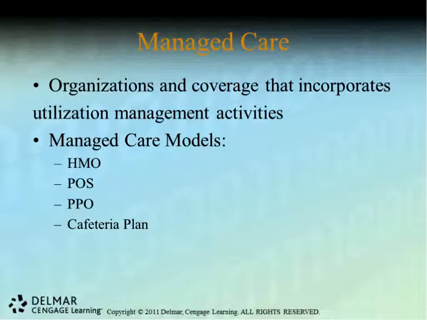You have network models, where two or more physicians or multi-specialty group practices provide contracted healthcare services to subscribers. So they're not necessarily owned by the HMO, but they have a contract with them to see their patients. Then you have a direct contract model, where individual physicians in that community deliver contracted healthcare services to subscribers.